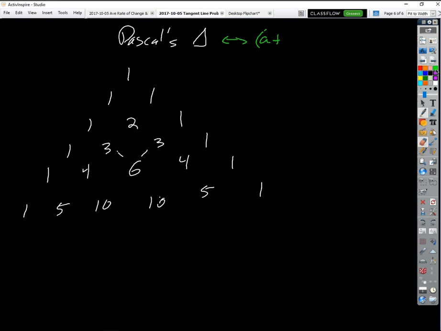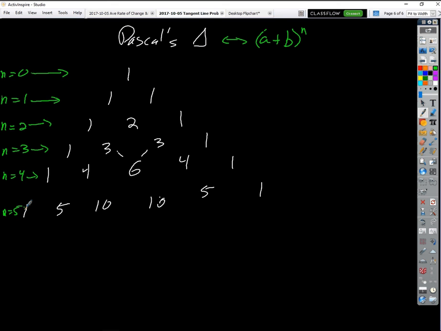This first row corresponds to n equals 0, then n equals 1, n equals 2, n equals 3, n equals 4, n equals 5, etc. We just work our way down.